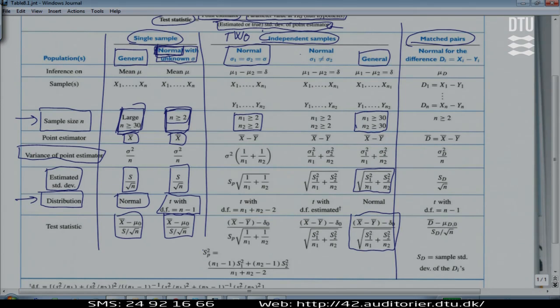Then we combine the variance information from the 2 groups into this pooled variance. We pool them together. That's why we use s_p squared. And then we use this joint, this average, or sometimes weighted average variance, in the formulas for computing things here. And we use a t distribution with n1 plus n2 minus 2 degrees of freedom.